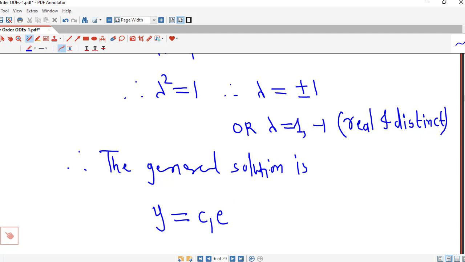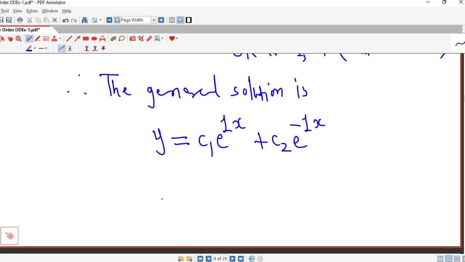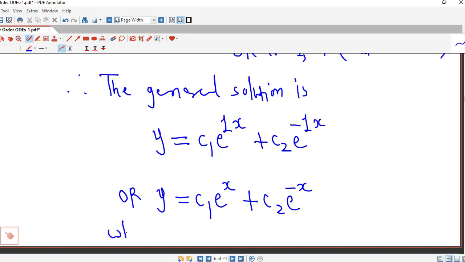Here lambda 1 is 1, so e raised to 1 into x, plus c2 e raised to lambda 2x. Lambda 2 is minus 1, and if we wish we can directly write this as y equal to c1 e raised to x plus c2 e raised to minus x, where c1 and c2 are arbitrary constants.